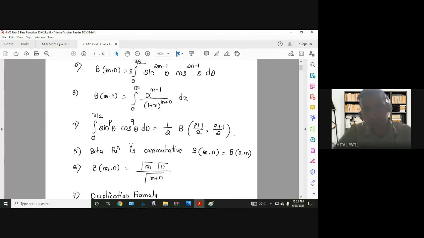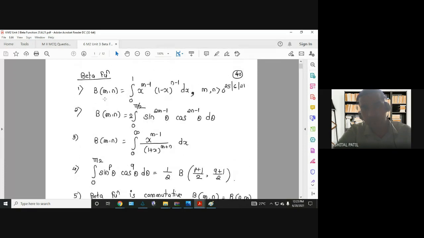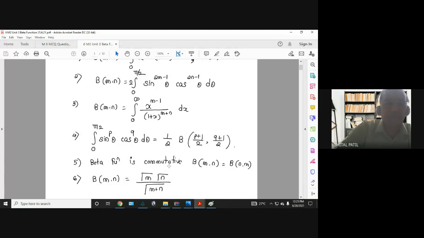So we have two parameters, p and q here. In case of beta function, we have two parameters, m and n. In case of gamma function, we have only one parameter, whereas in beta function, two parameters, m and n. Then beta function is commutative, that is beta mn is always equal to beta nm.